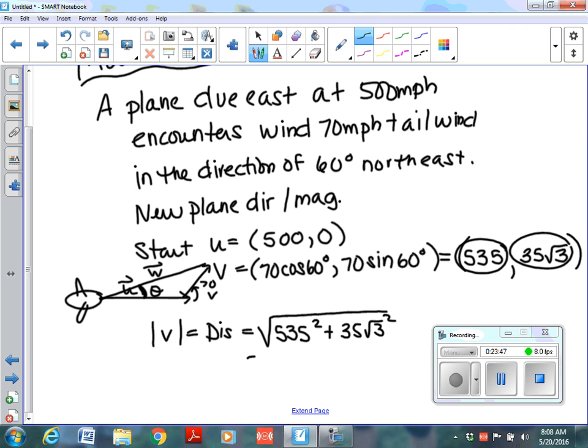And you're going to get 538.4 miles per hour. So basically, the plane used to be going 500 miles per hour, and now it's going 538.4 miles per hour.